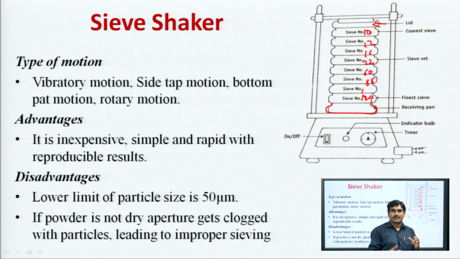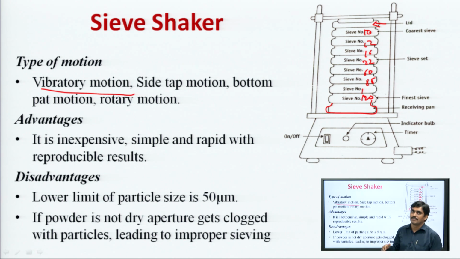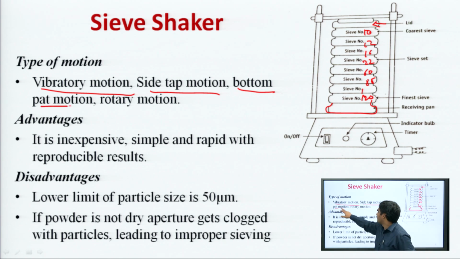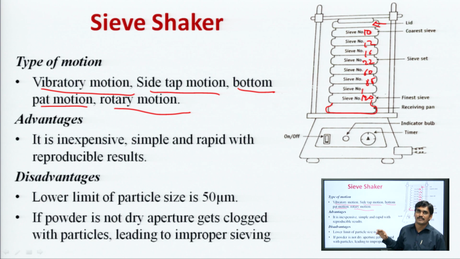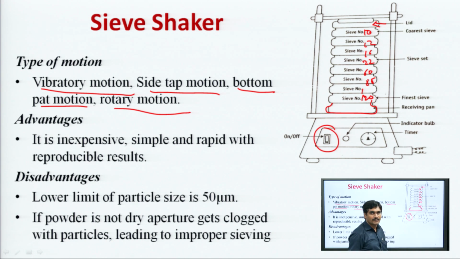As the material is kept on the top position, we have to apply vibratory motion, or we can say agitation. Agitation can be done by vibratory motion or side tap motion, or bottom pat motion or rotary motion. These are the different types of motions applied in this sieve shaker apparatus. Here you will find a switch for the on off button.